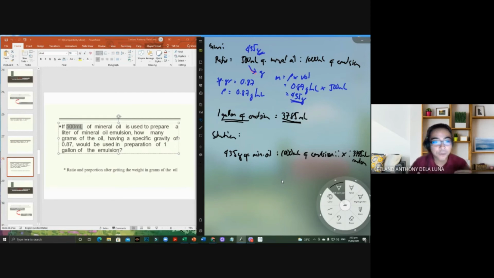Okay? So therefore, kasi kailangan ko ang weight dito. So I have to convert it into grams. Kaya ang ginawa ko dito, umpisa pa lang, before I even started class, I already converted it into grams. Okay, I already converted it into its weight. So para mabilis na ako pag nag-ratio proportion ako. So 435 grams mineral oil is to 1,000 ml of emulsion. Then X grams of mineral oil is to 3,785 ml.